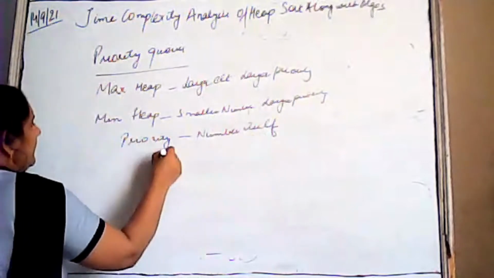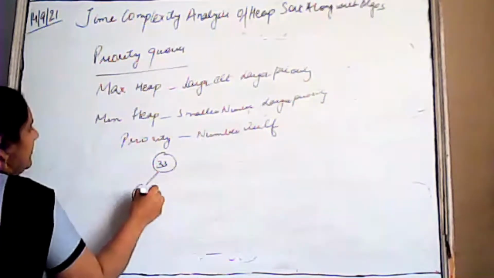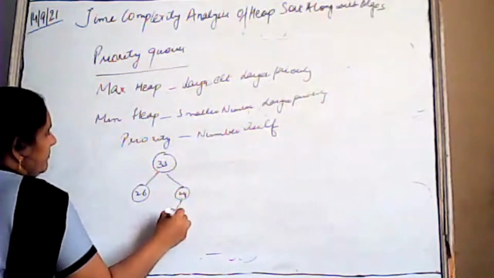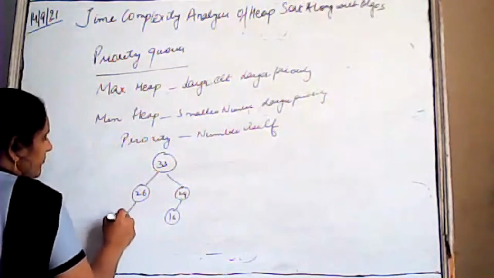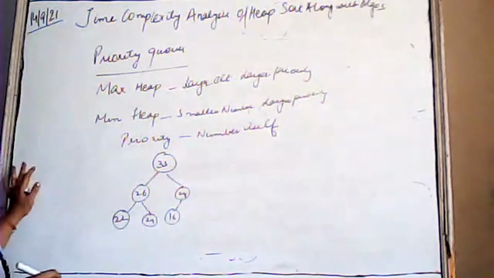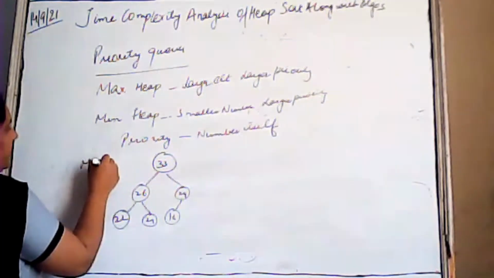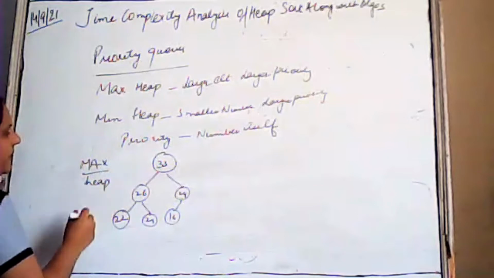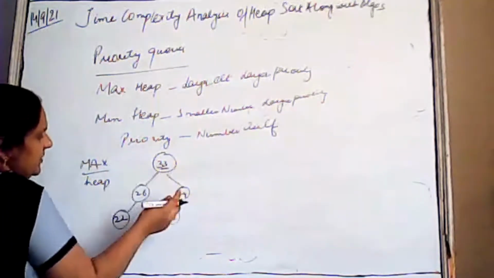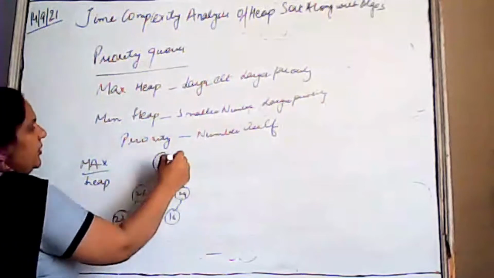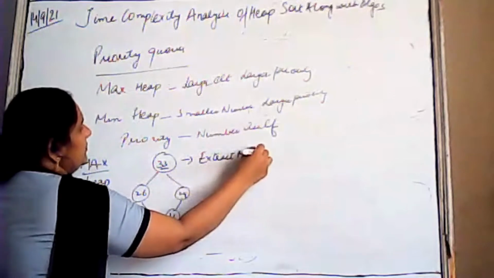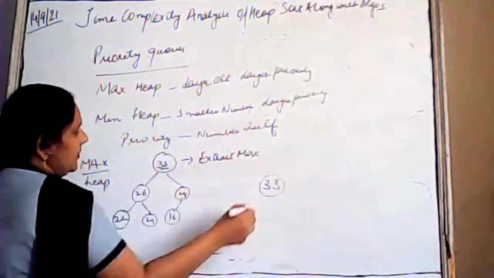For example, just like we have done with the tree. See, this is a max heap. The number which is largest will come out first, right? So 33 is the largest among all these numbers, so it will come out. If I say extract max, this will take the number 33.